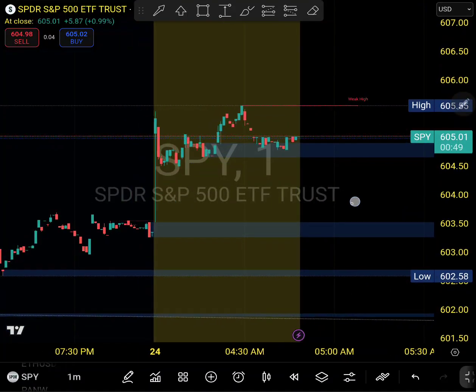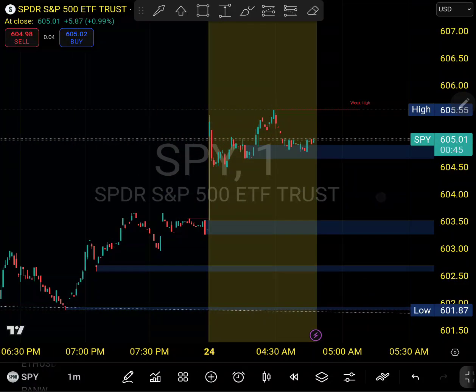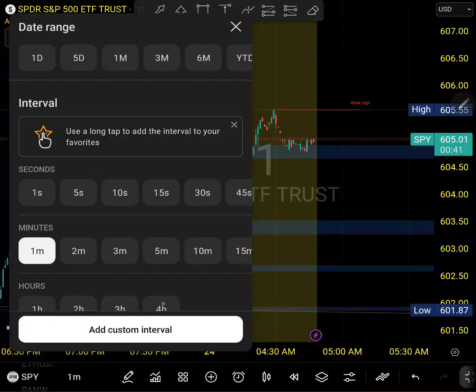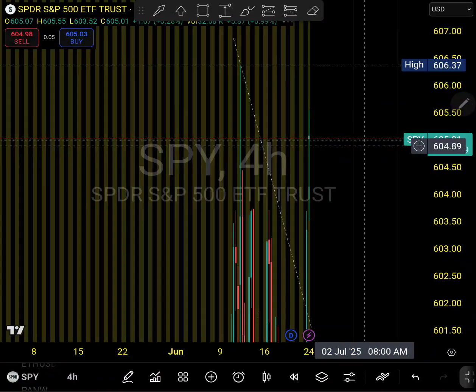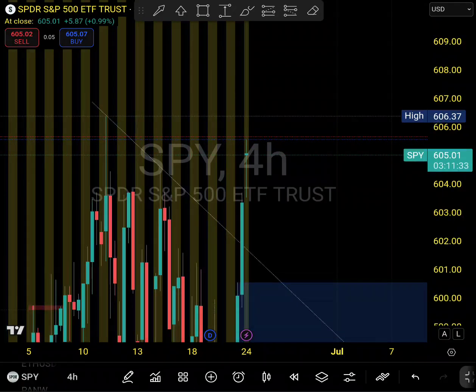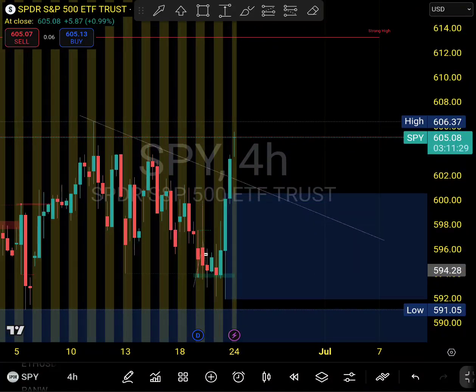All right. So if I start, the first thing is I will show you something clear, which will clear a lot of things for you. If you look at this 4 hour chart, I draw a trend line.